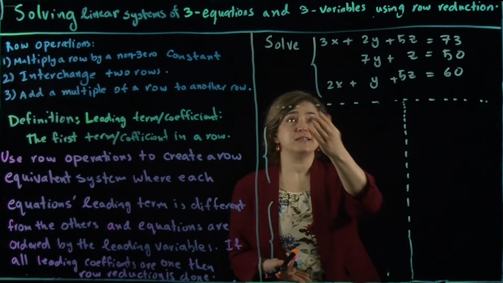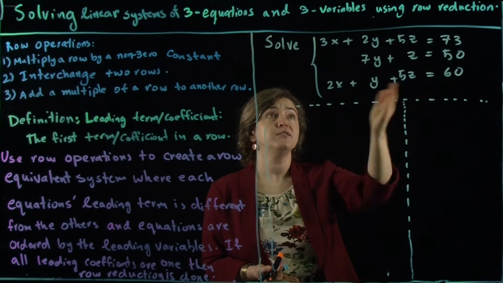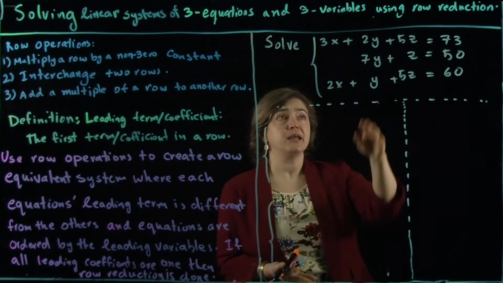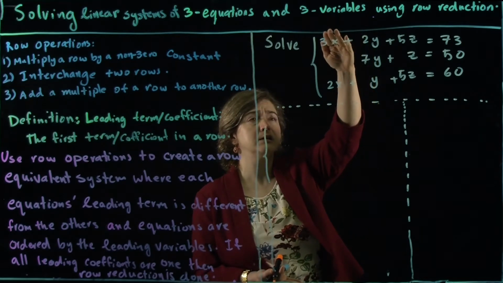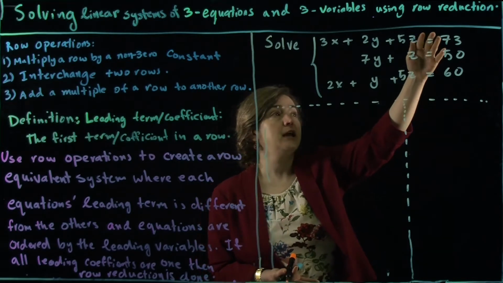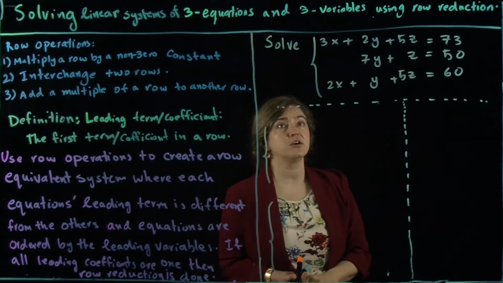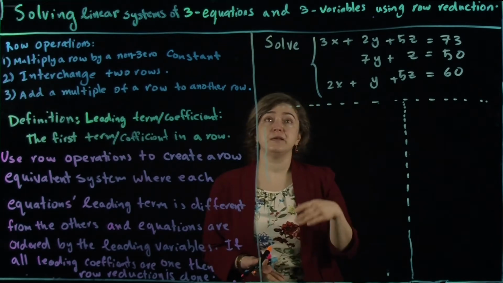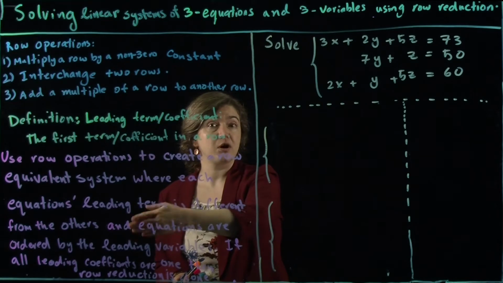So I have this system of equations that I'm supposed to solve, and it follows that all the terms with the same variables are underneath each other, and the constants are underneath each other, equal signs are underneath each other, and I want to use row operations to create what I described over here.